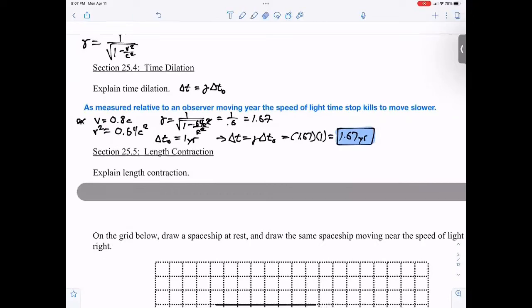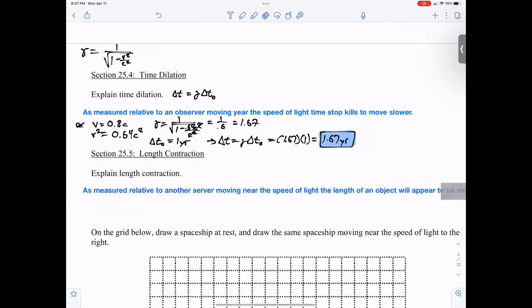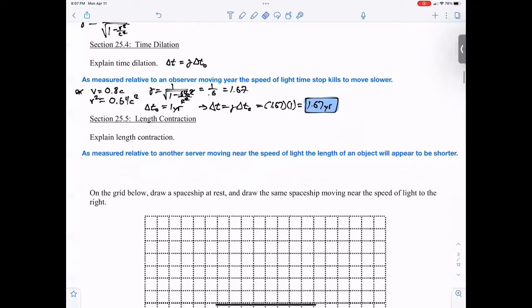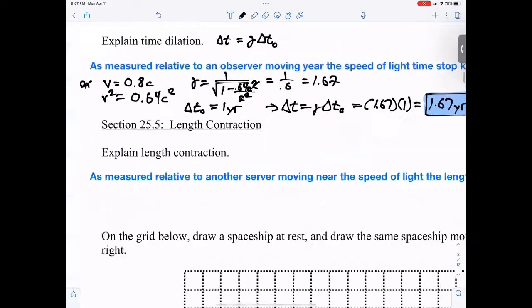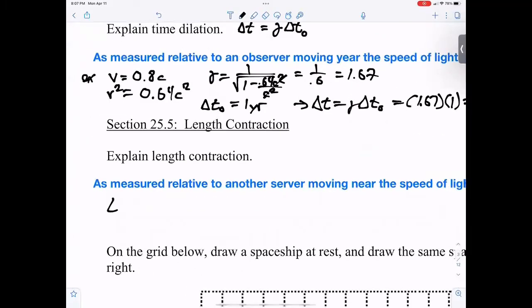Now length contraction. As measured relative to another observer moving near the speed of light, the length of the object will appear to be shorter. For this one, the length L naught is the proper length, the length as measured by an observer at rest, divided by gamma.